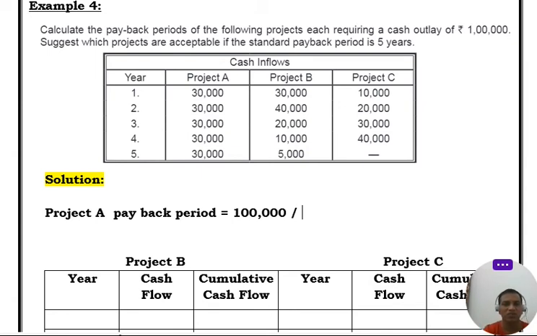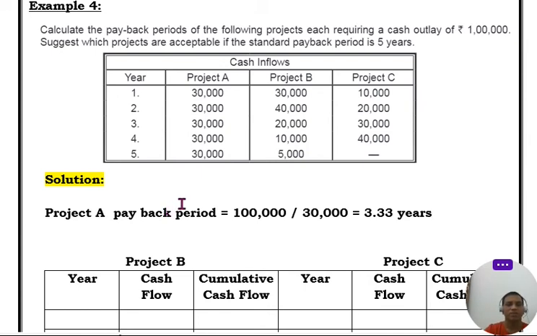Cash flow, cash inflow, cash flow after taxes, all are the same. Project A cash flow every year 30,000, so annual cash inflow 30,000. That equals 100,000 divided by 30,000, which is 3.33 years. So the payback period of project A uses the simple formula because cash flows are uniform.